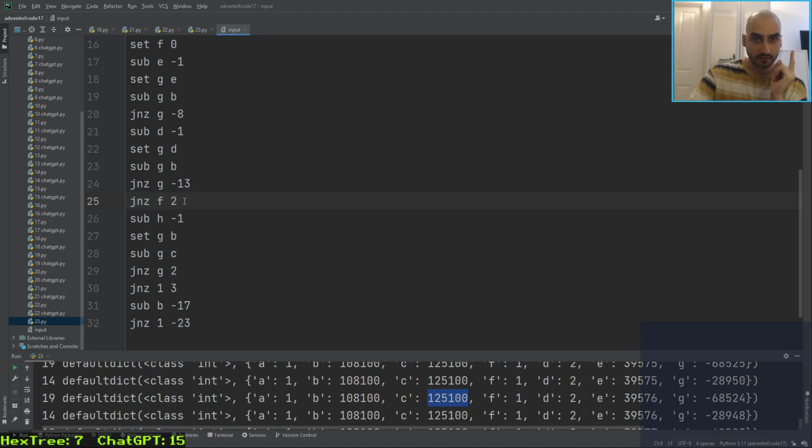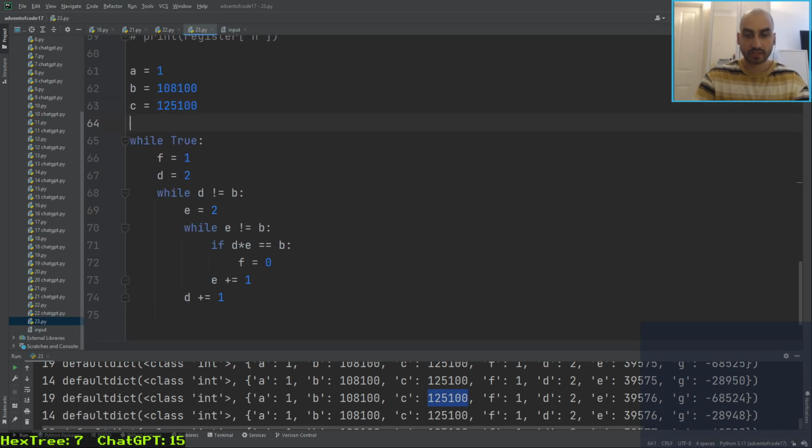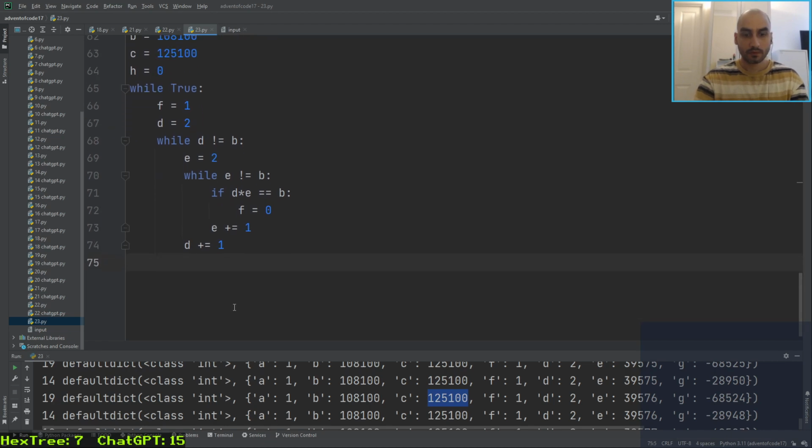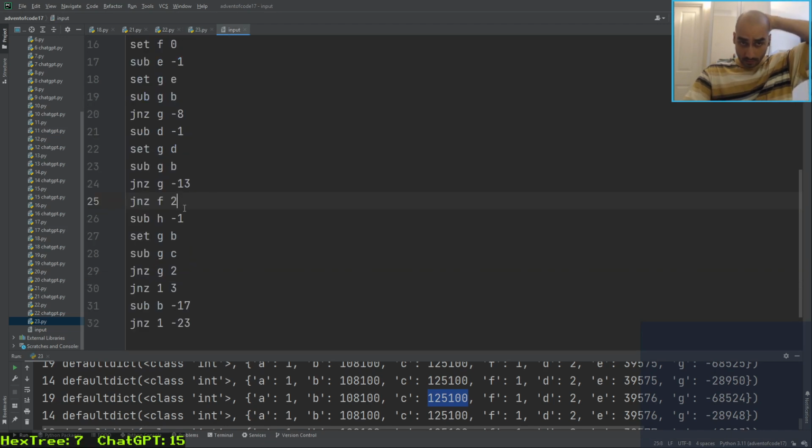If F is 0, right, so remember H is 0 to begin with. If F is 0, H minus equal 1.